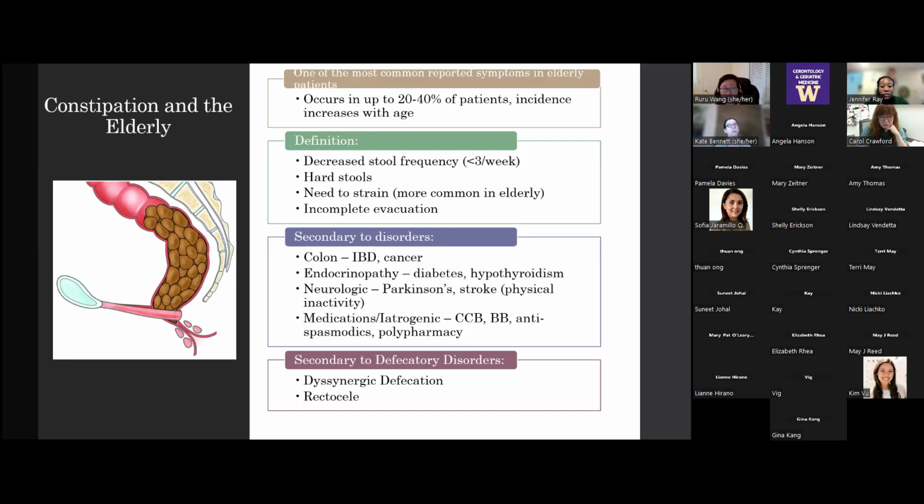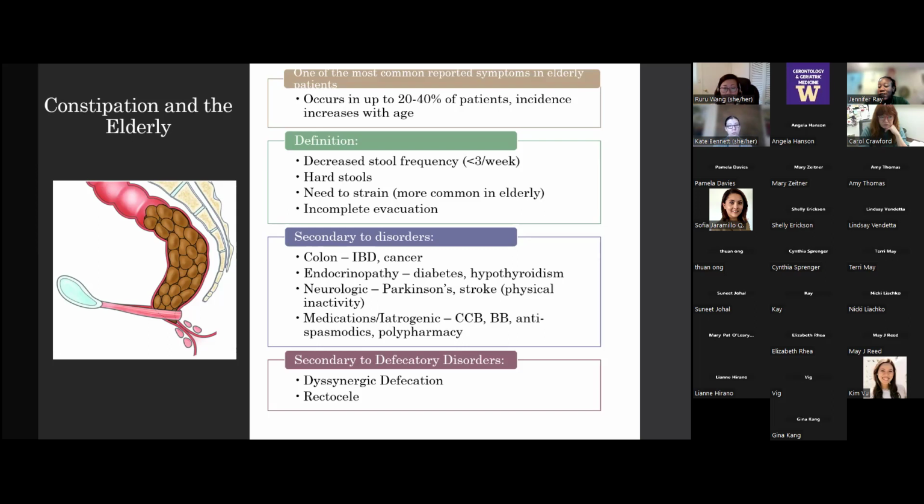Diabetes, this is the most common bowel symptomatology we see in patients with diabetes is constipation. Neurologic disorders, Parkinson's, stroke, and physical activity. Again, from the distal 2/3 of your esophagus down to your anus is all smooth muscle. So anything that's going to affect smooth muscle can definitely affect GI motility.